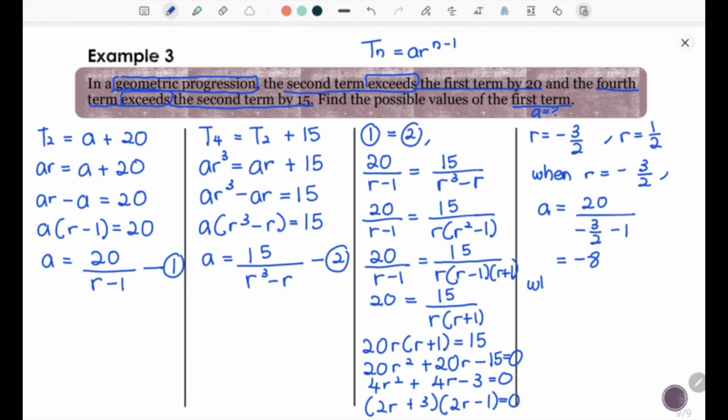And when r equal to 1 over 2, we have a equal to 20 divided by 1 over 2 minus 1. So you get a equal to negative 40. Therefore, the possible values of a are negative 8 and negative 40.